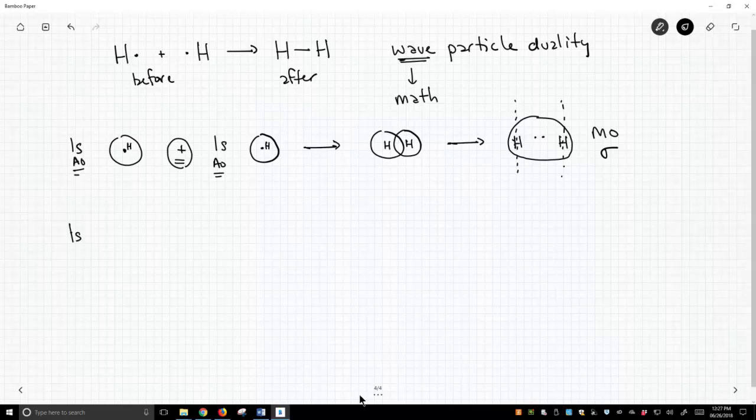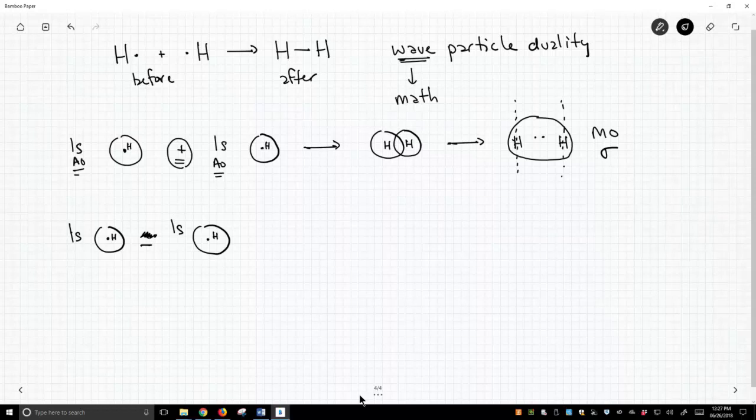So again, we're going to take our 1s, and we're going to mix this with another s, but actually we're going to now subtract them. I wrote addition. This is actually going to be subtraction. Let's mark that out. We're going to subtract these two orbitals.